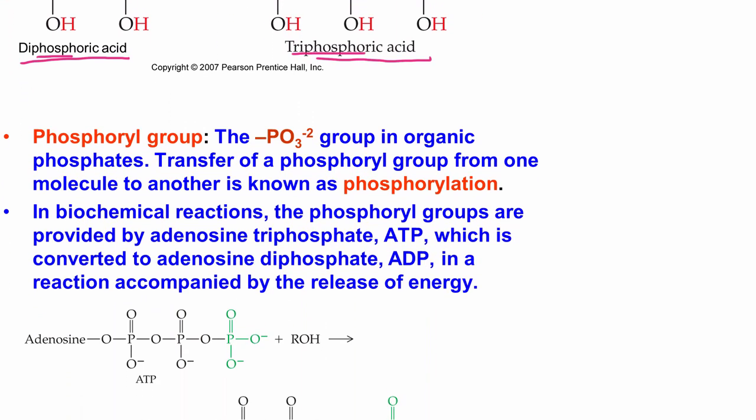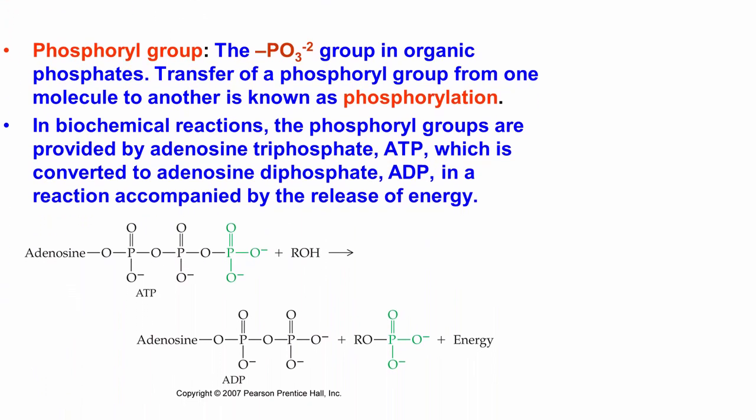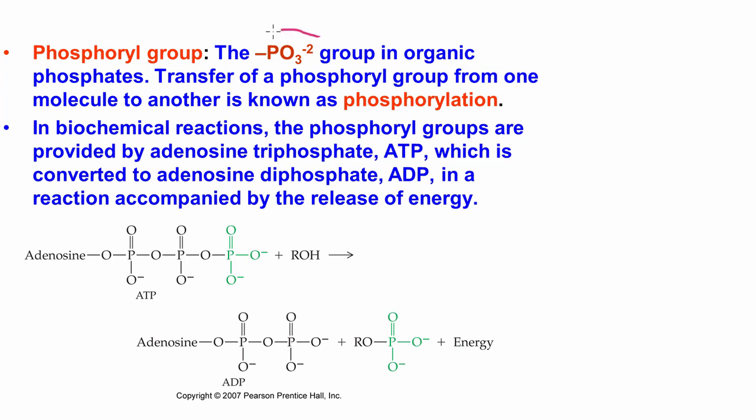Okay. So what we will be interested in is the phosphoryl group. Notice the 3 oxygens here. So we're going to be talking about a reaction later on in biochemistry called phosphorylation. Okay, and that's where one of these phosphoryl groups is transferred.